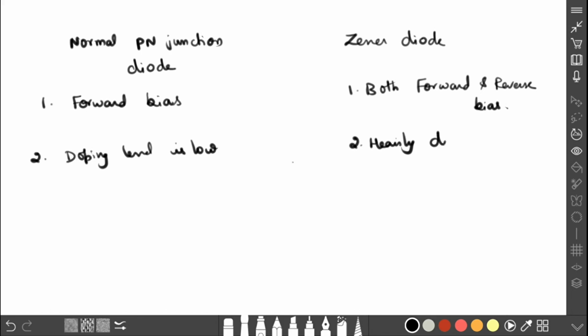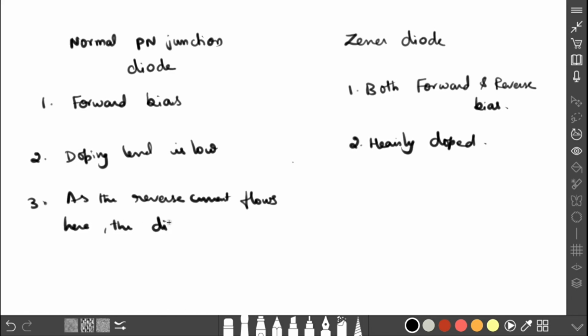Then, if we apply more reverse voltage, what will happen? As the reverse current flows here, the diode junction gets damaged.